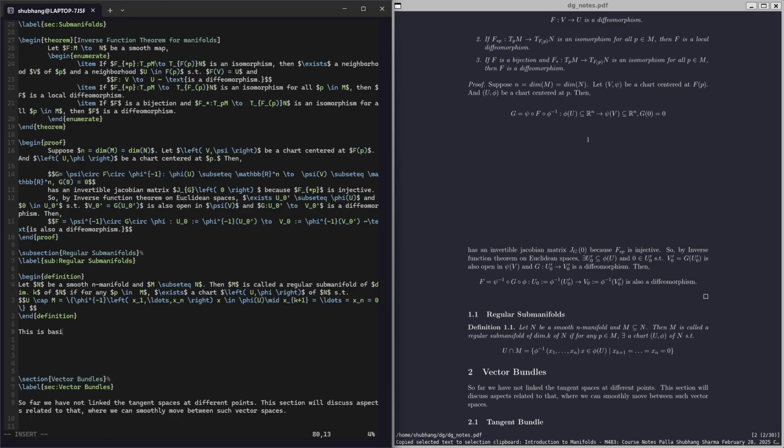The definition of a regular submanifold is basically a prototype of R^k living inside R^n.